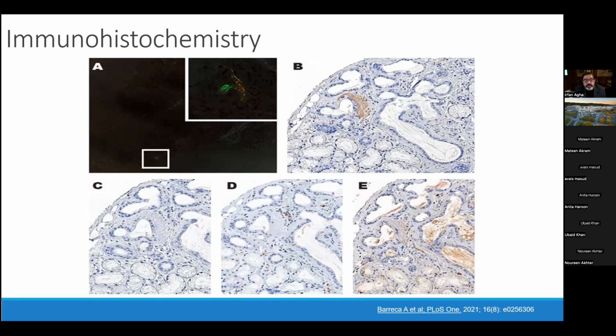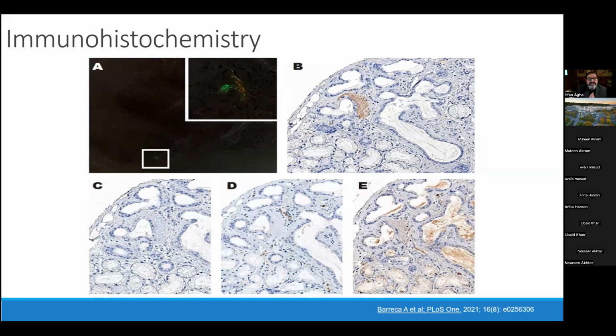And then what we also do is we set this up with panels of anti-AA, that's panel C, anti-kappa, anti-lambda. Inside the gland itself, inside the parenchyma, where you saw the ATTR antibody home in on the area where there was birefringence under polarized light, you don't see anything.